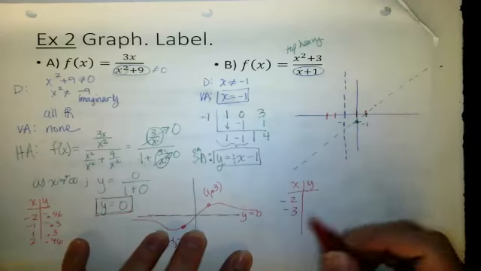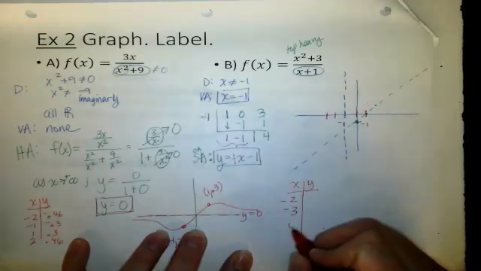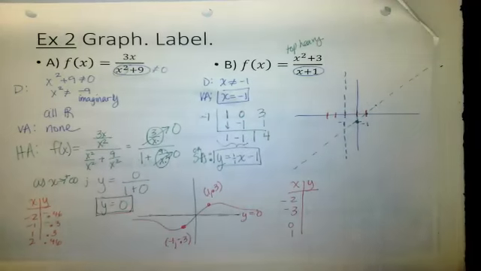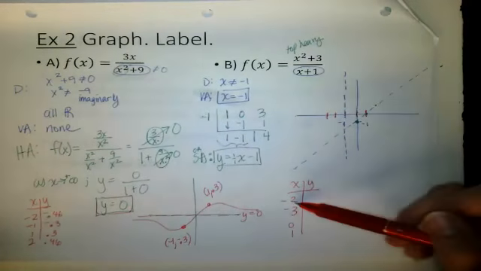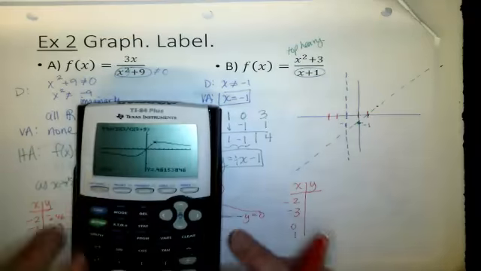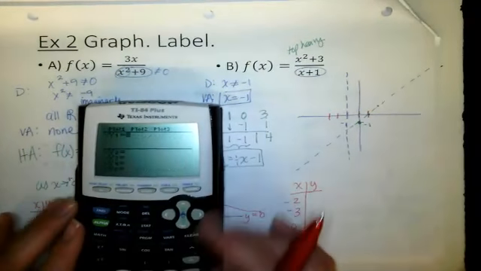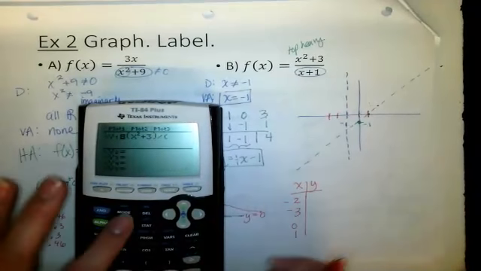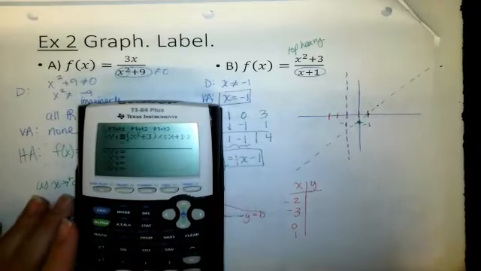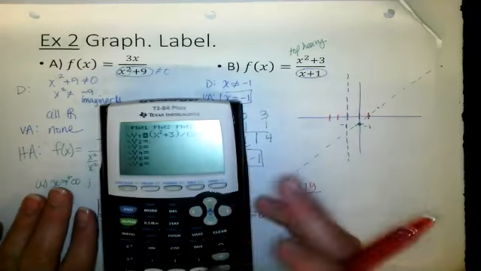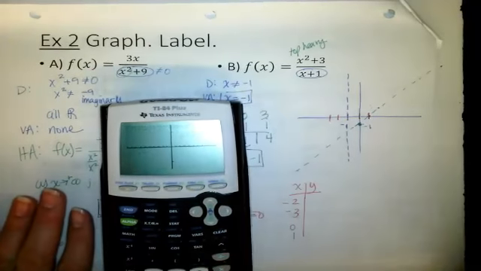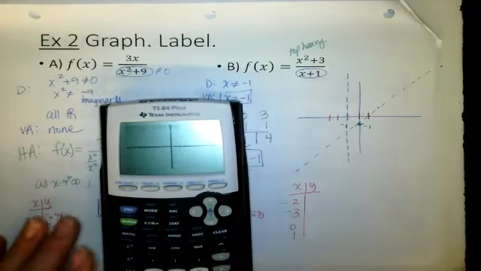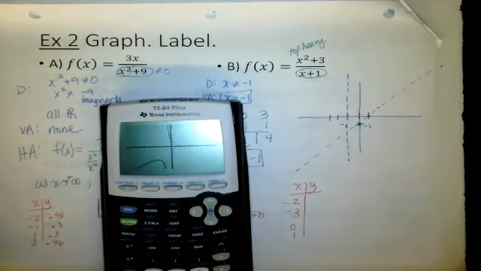What's to the right? 0 and 1 would be good choices for x. And again, you could just plug those in, or you can just use your calculator, which is what I'm going to do. x squared plus 3 over x plus 1. Watch those parentheses. Sorry, I'm going to do a zoom standard so that my window resets.